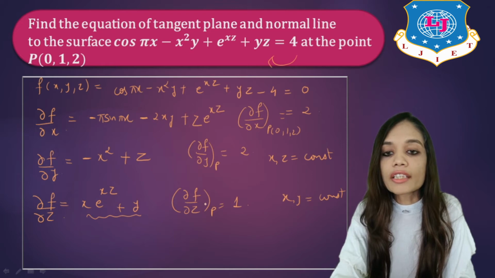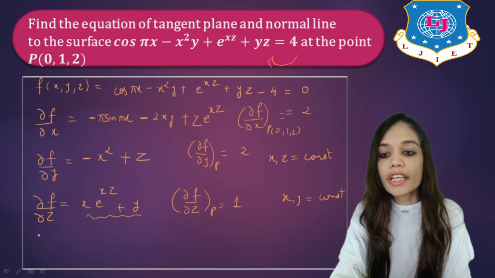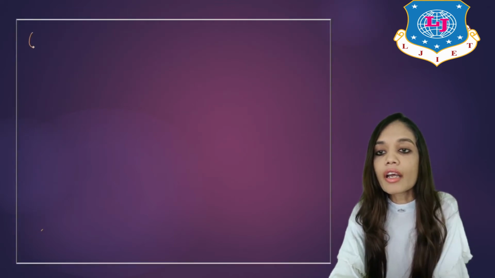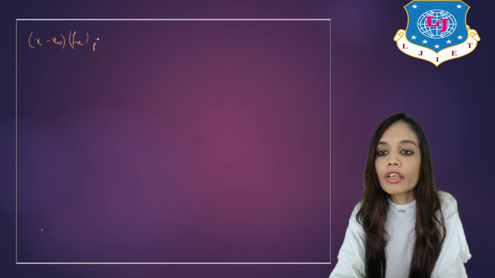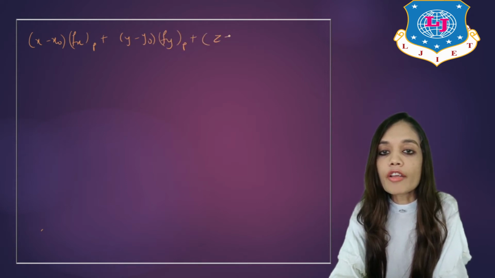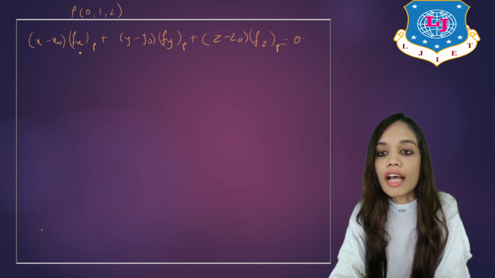Now let us find the equation of tangent plane, which is given by (x minus x0) fx at point P plus (y minus y0) fy at point P plus (z minus z0) fz at point P is equal to 0. Now we know our P is (0, 1, 2) and the answers of these are 2, 2 and 1.